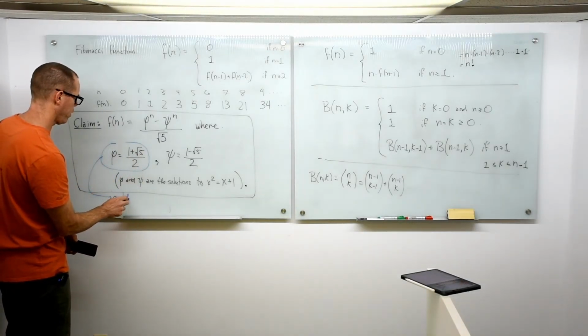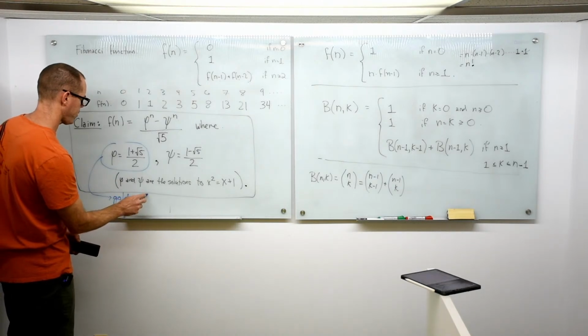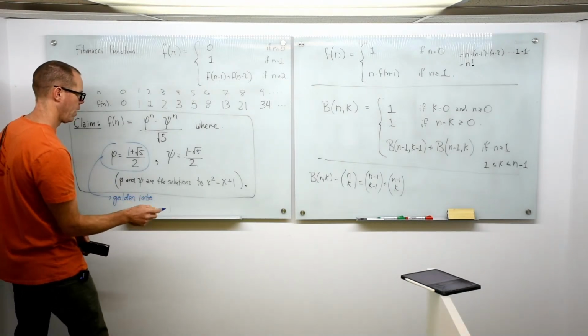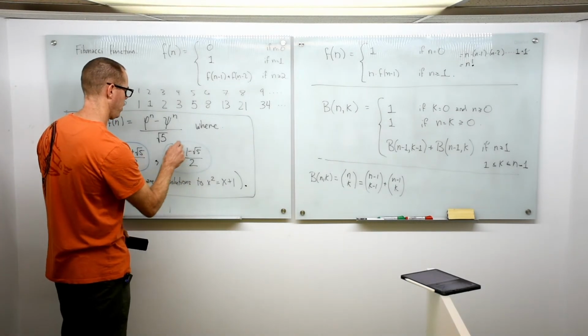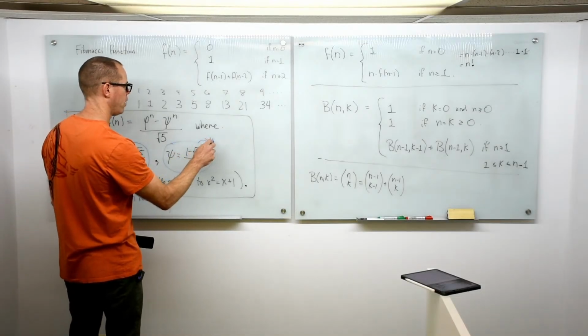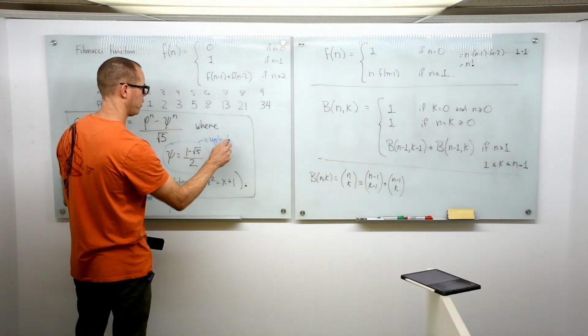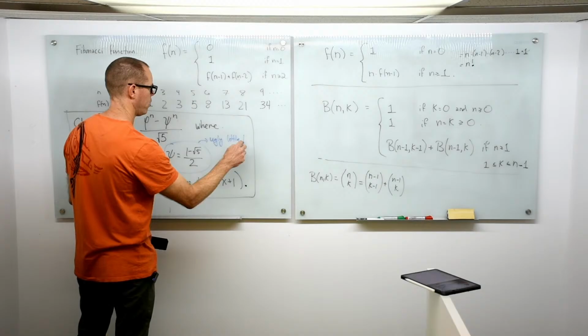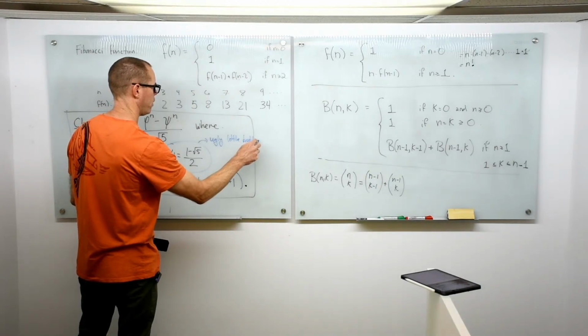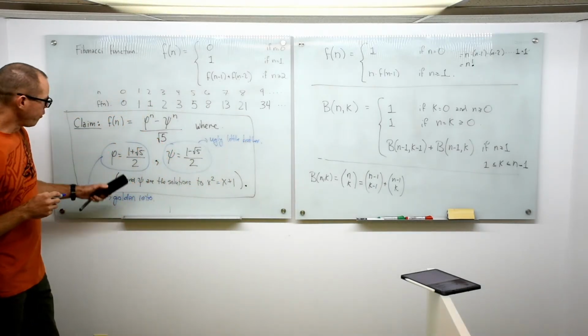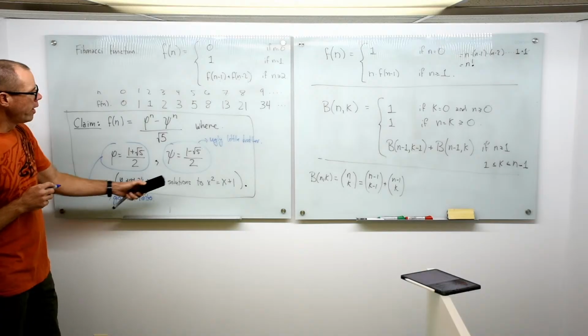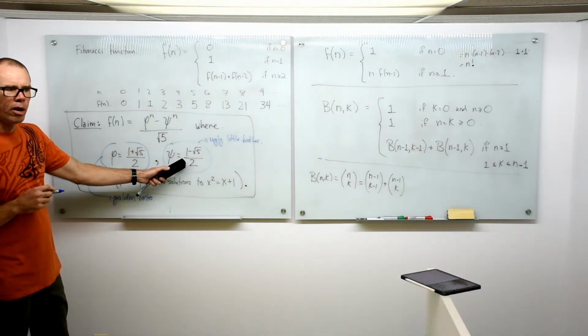You may have heard of it. This one here is called the ugly little brother. Everybody loves the golden ratio. Everyone hates its ugly little brother.